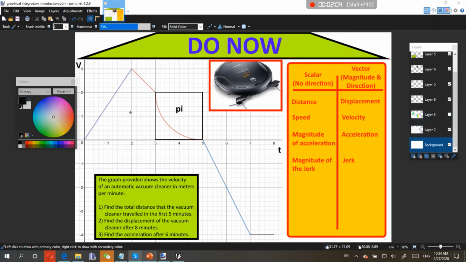So, what I'm going to do is split this up into different areas.